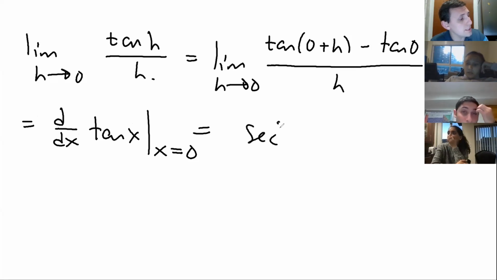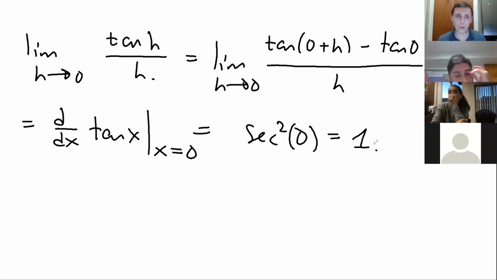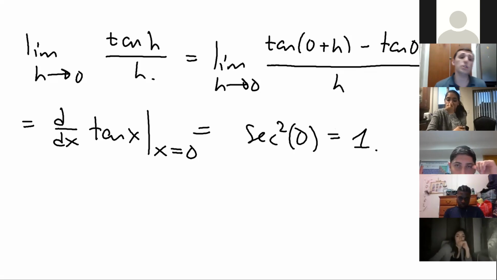That is secant squared of 0, and secant squared of 0 is 1. Do you understand, guys? So the answer is 1, which means tangent also doesn't change much about the angle. If the angle is very small, apply tangent to that small angle and you essentially get that same angle. Good?